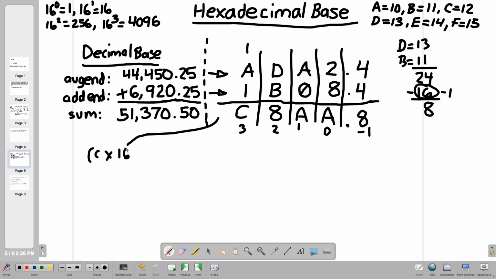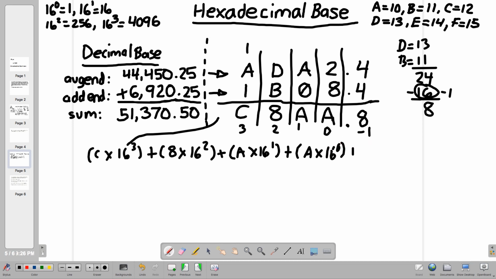So we have C times 16 to the third power plus 8 times 16 to the second power, and we have A times 16 to the first power, and we have A times 16 to the 0 power, and we have 8 times 16 to the -1 power.